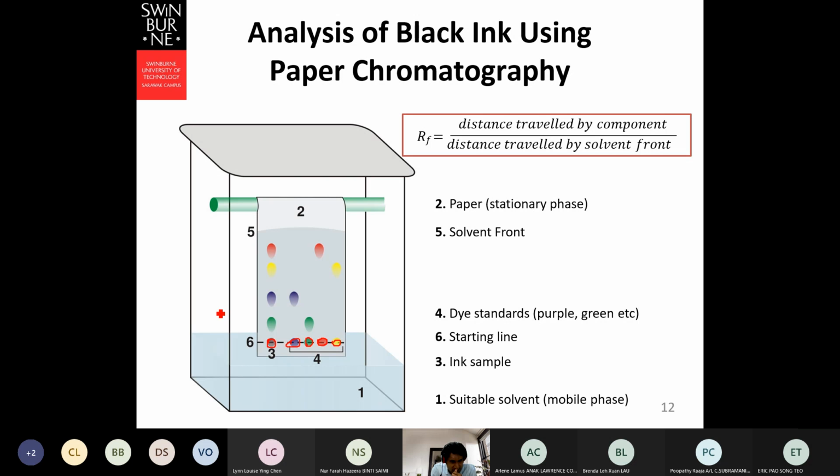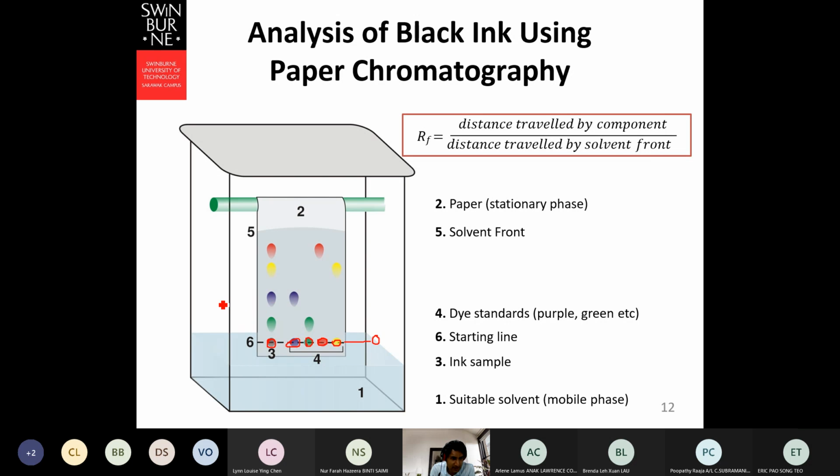Another very important thing is the ink that we put on the zero line, right? This is called the zero line, 0 centimeter or 0 millimeter. The ink that we put comes in contact with the liquid.